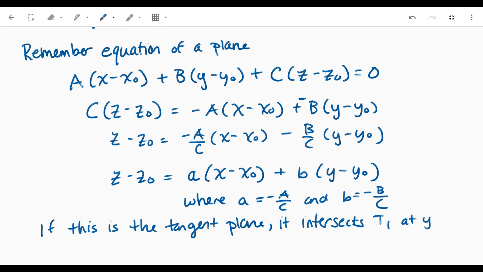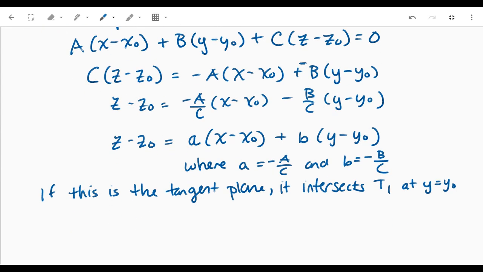Okay, so if y equals y naught, then we have z minus z naught equals a times x minus x naught, and that's the equation for T1.